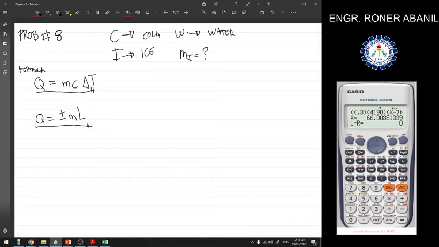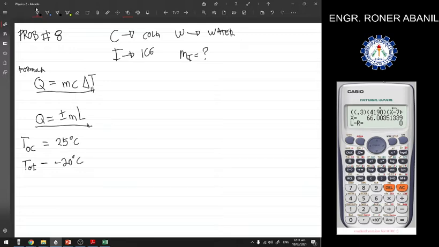So, meron tayong initial temperature ng ating cola. Ang initial temperature natin dito is 25 degrees Celsius. Ang initial temperature naman ng ice natin is negative 20 degrees Celsius.